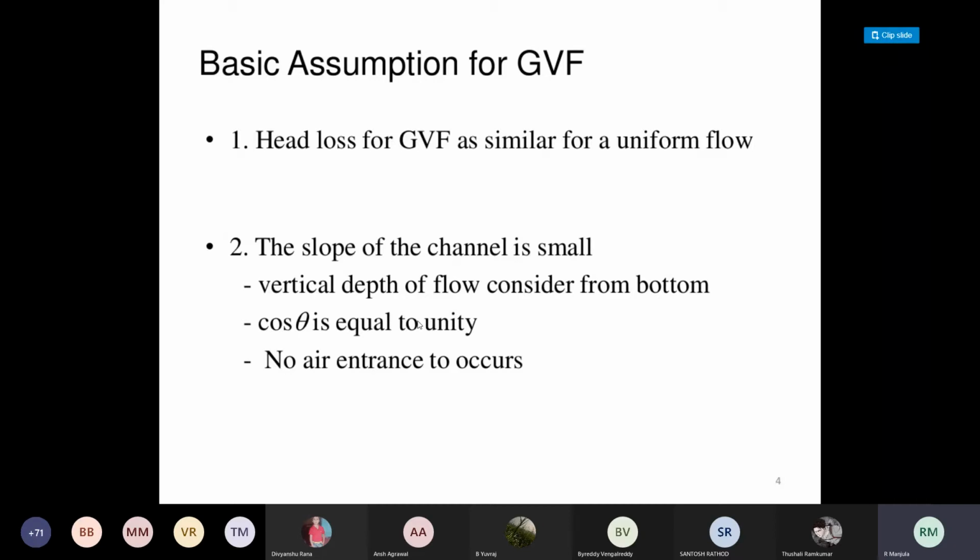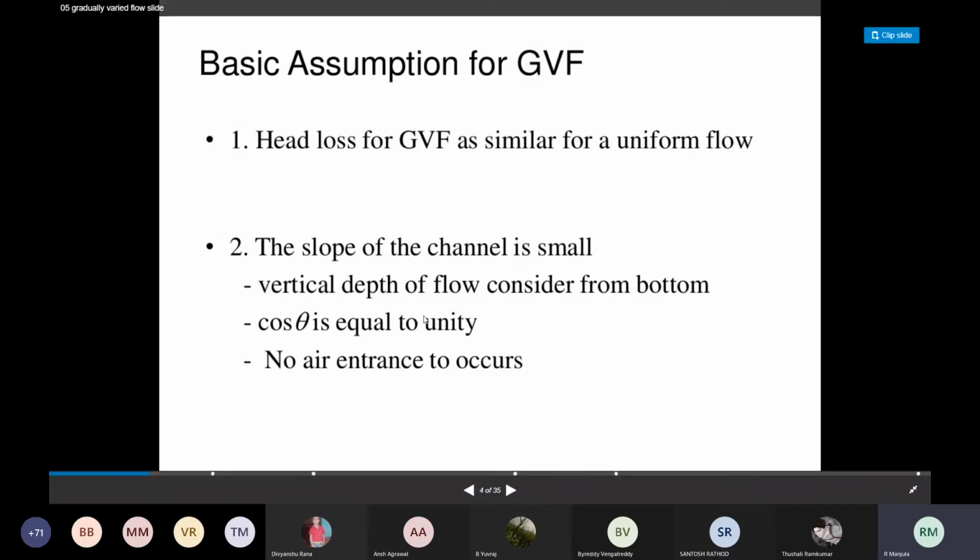Am I right? That is the best example of gradually varied flow. The variation of depth is gradual over the length of the channel.